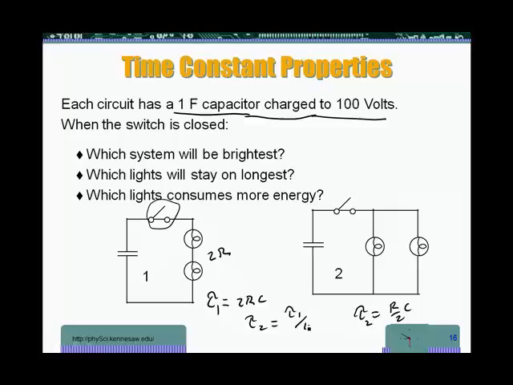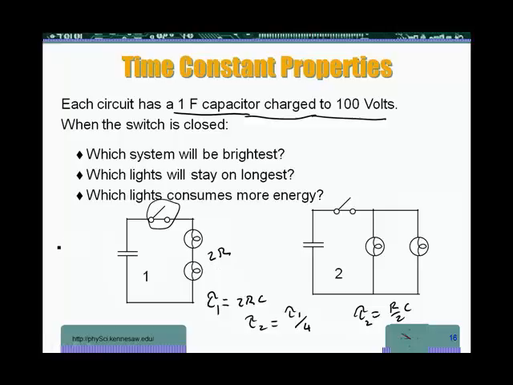Now, what about the maximum current? Maximum current is the voltage across the capacitor over the resistance of the circuit.